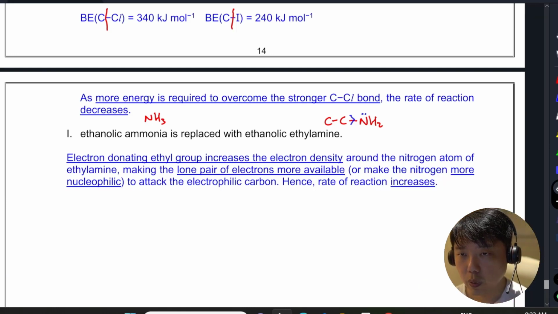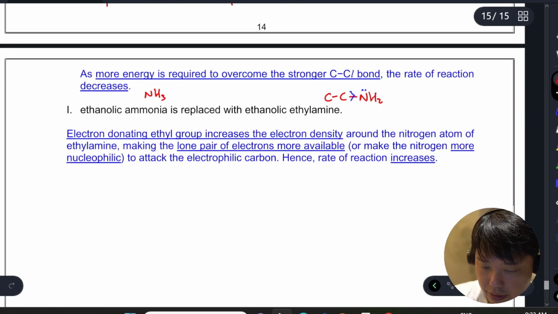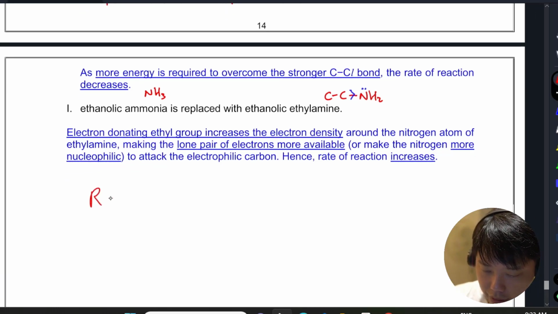Okay, so they want to show you the 2 factors why they are each first order. Let's take a look at this. You have your Rx. You need to break this bond, and then also the rate depends on the nucleophile that is attacking your carbon.